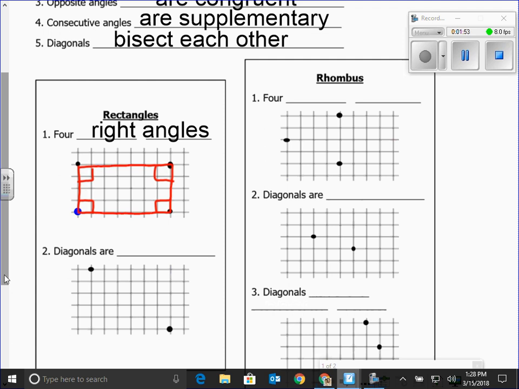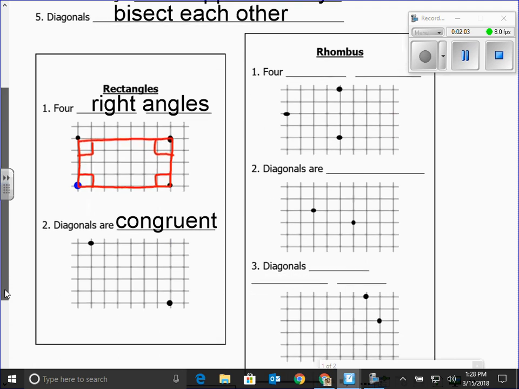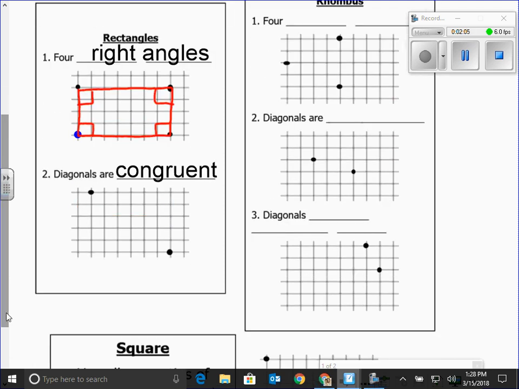In a rectangle, also, the diagonals are congruent. So not only do they bisect each other because they're parallelograms, but they will be congruent to each other as well. And so we had to place, this time I only gave you 2, but then we'll place the other 2 points. We'll go there, still making our diagonals the same size, top and bottom, left and right.